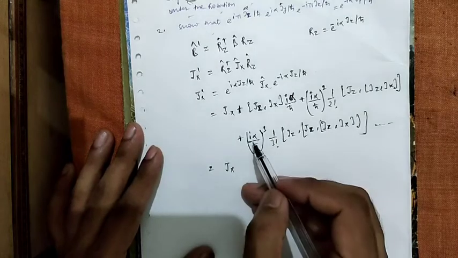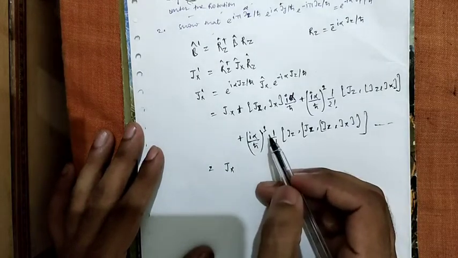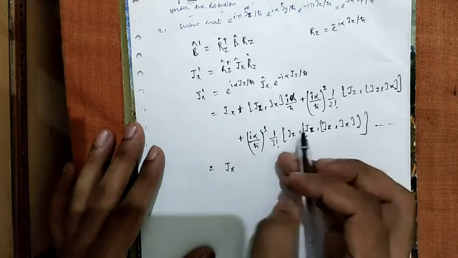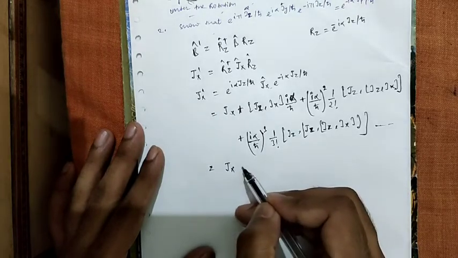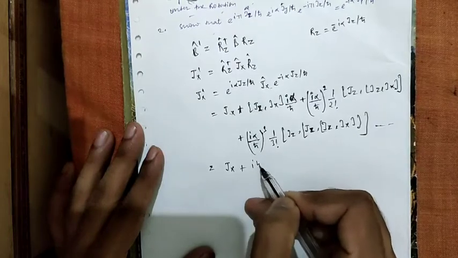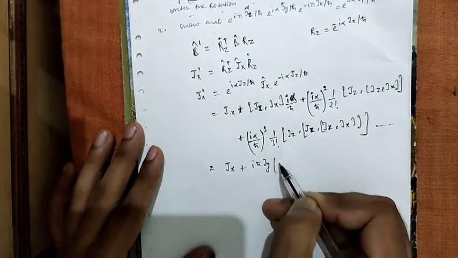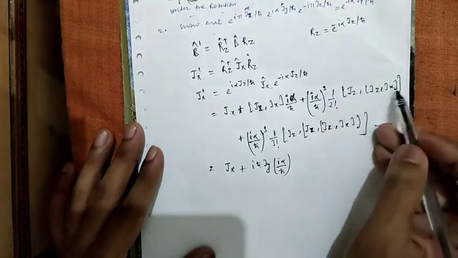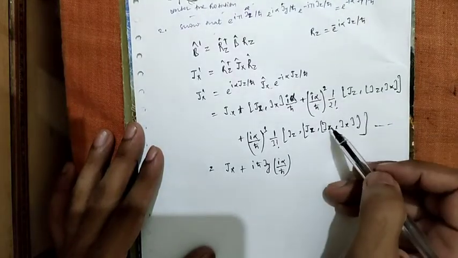The commutator of Jz and Jx follows the cyclic property, so it equals i h cut Jy, with multiplication of i alpha by h cut, and the same for the other commutation relations.